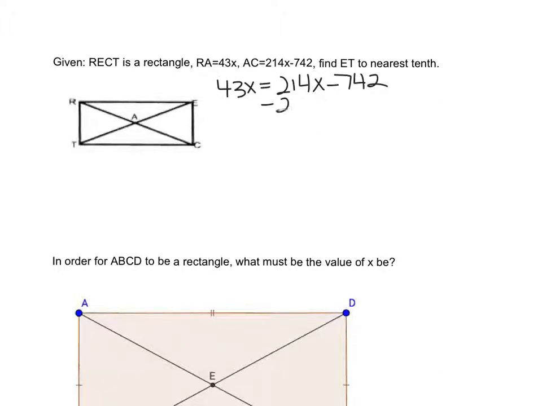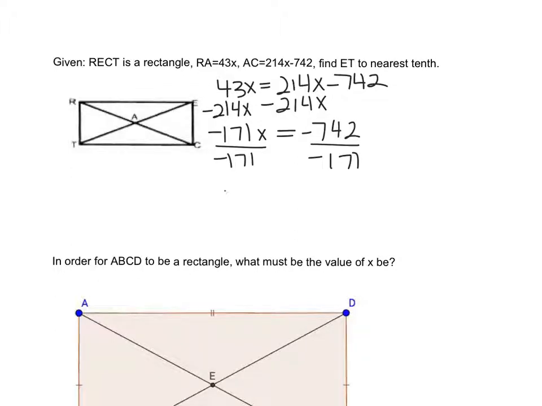First thing we're going to do is subtract 214x from both sides. We end up with negative 171x equals negative 742. We're then going to divide both sides by negative 171, and we get that x equals about 4.3.